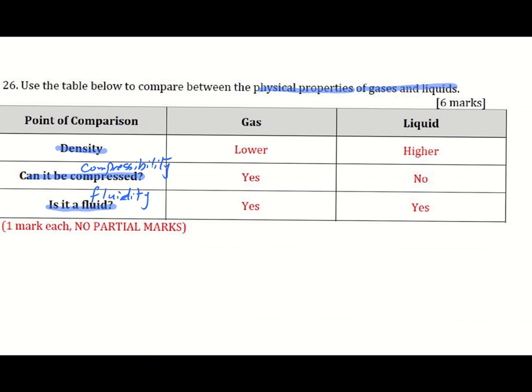Gases have low density compared to liquids, while liquid has higher density. Compressibility: gases can be compressed, and this is because they are very far apart, meaning there are very wide spaces between particles to compress. Liquids are close, so we cannot compress liquids. Fluidity: both gas and liquids are fluids.